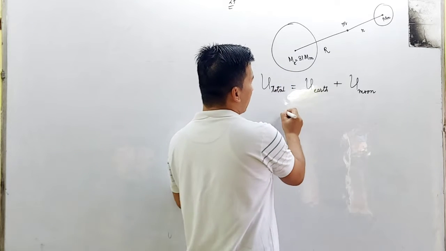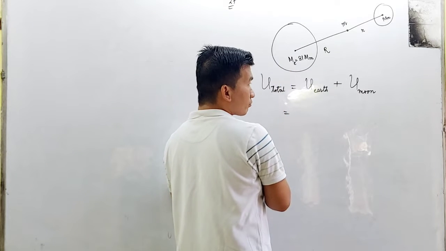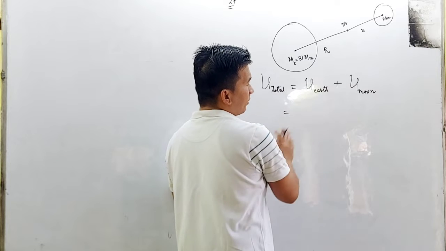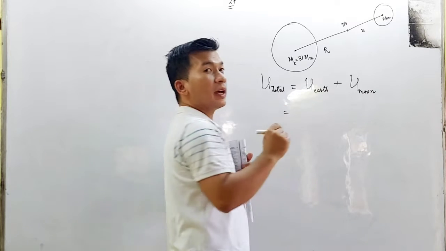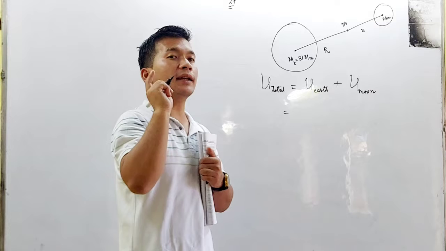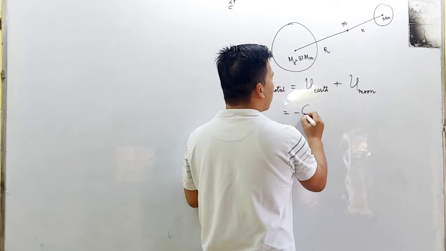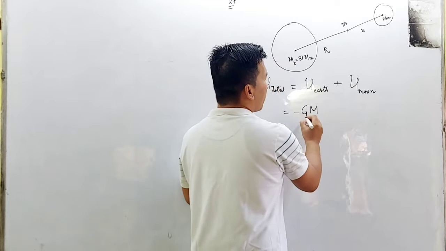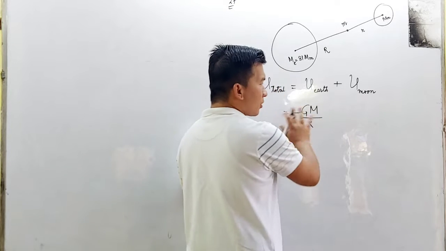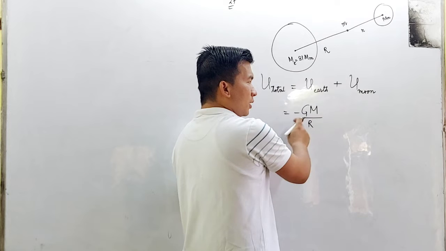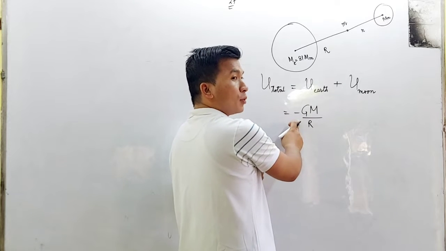And let us put the values. Very simple. We know that potential will be on the negative side. Why? Because the forces are attractive in nature, so it will be minus capital G M divided by R. It is not complete; this will be the expression for potential.